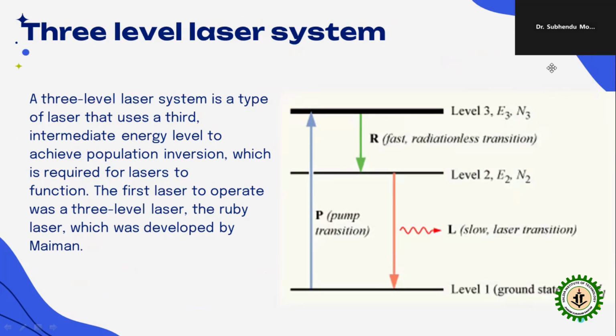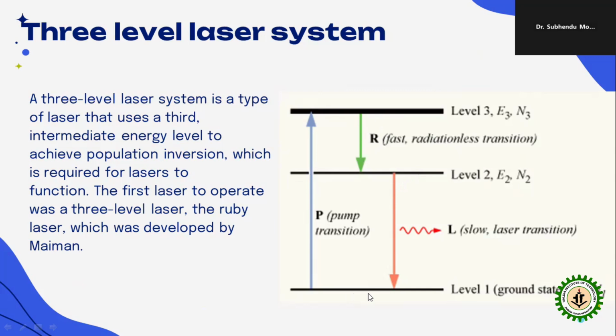Here, the atoms are first excited from level 1 to a higher level, and then spontaneously come down to level 2. If level 2 becomes a metastable state, we get population inversion, and then by stimulated emission we can get lasing action due to the transition from level 2 to level 1.